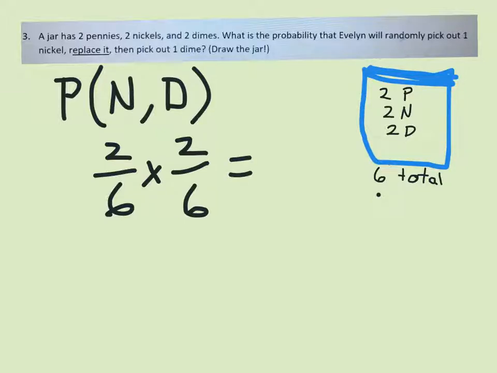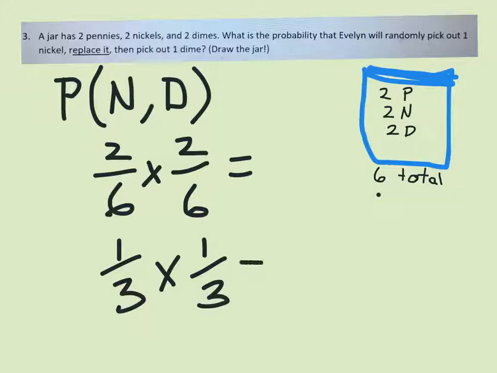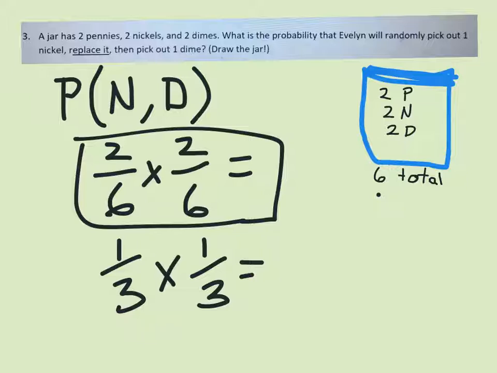So now, before I reduce those or multiply those, I'm going to reduce 2/6 to 1/3 and this 2/6 to 1/3. So now, since I've reduced the fractions, it'll be easier, so I won't have to reduce at the end.